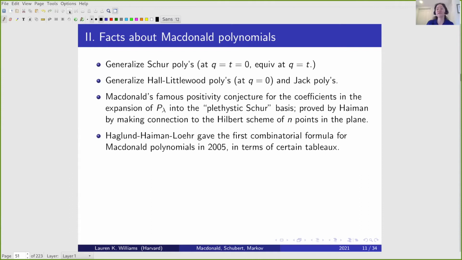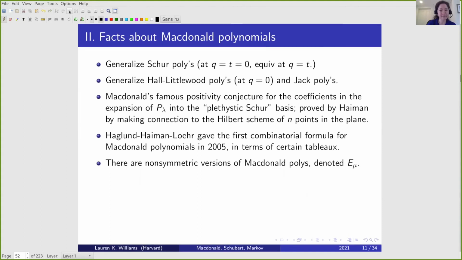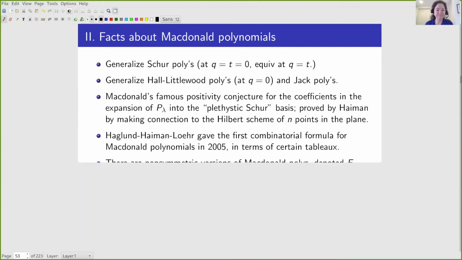And even though they were introduced in 1988, there was no combinatorial formula for the Macdonald polynomials until 2005. This was given by Haglund, Haiman, and Loehr. And there are also some non-symmetric versions of Macdonald polynomials denoted E sub mu.